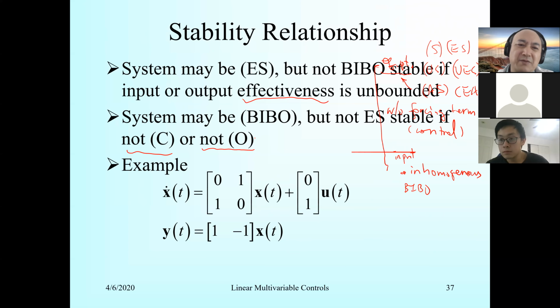So let's see an example. This is so familiar to all of you from the example I gave you. This is an oscillator, which is not exponentially stable, and in this case it is not observable.